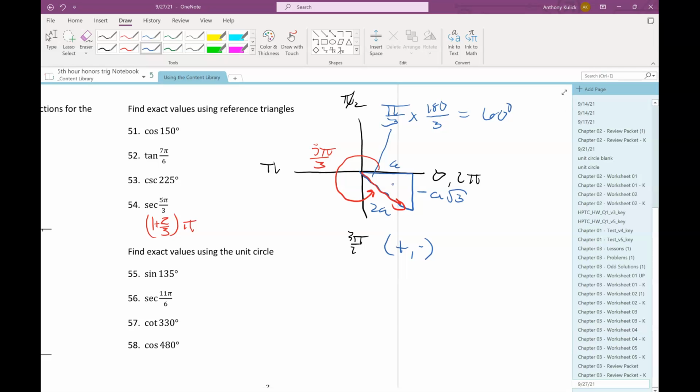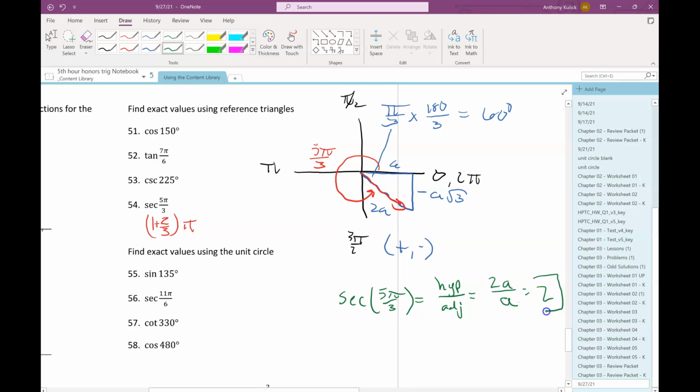So far, so good? Yeah. Okay. Then the last thing I need to do, I know that secant is hypotenuse over adjacent. So the hypotenuse in this case is 2A, and the adjacent side is A, so that should just be 2.